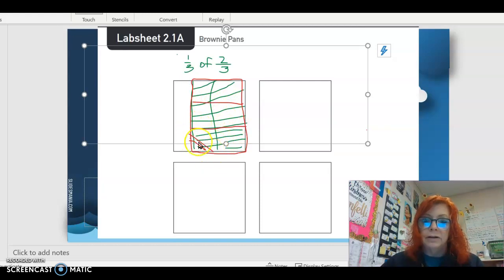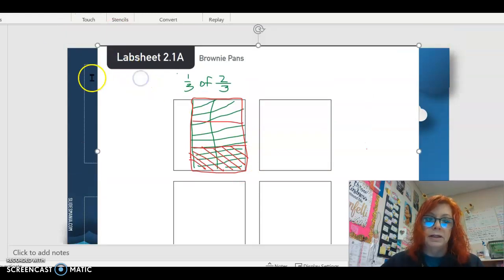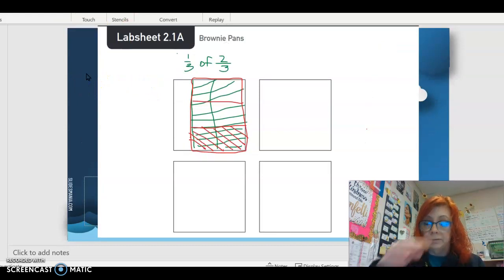And I'm going to color in 1/3 of 2/3. Now, how much is that of the tray? Look at the pieces there. How much of the tray is still there? If the whole tray was there, how much would this be?